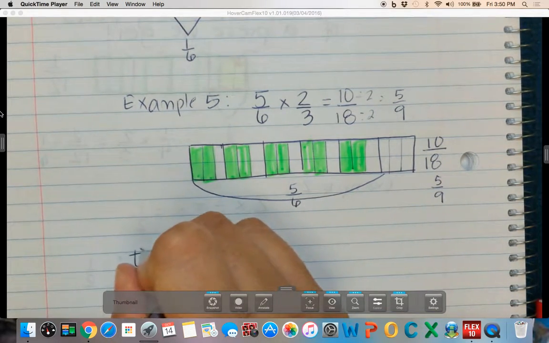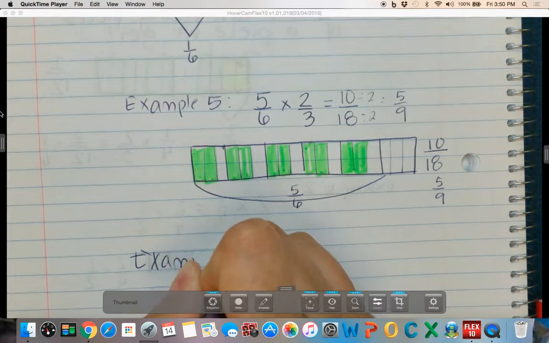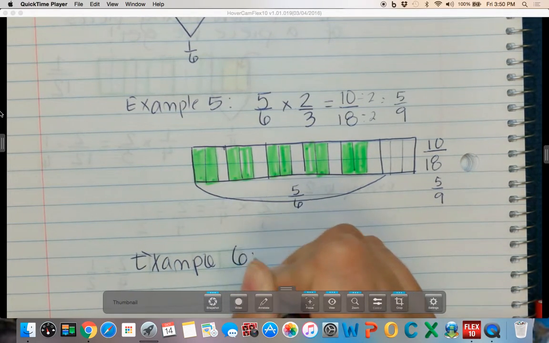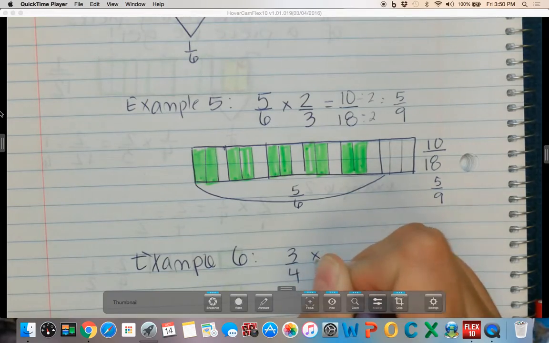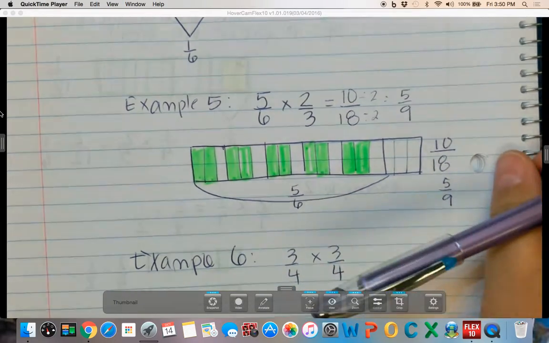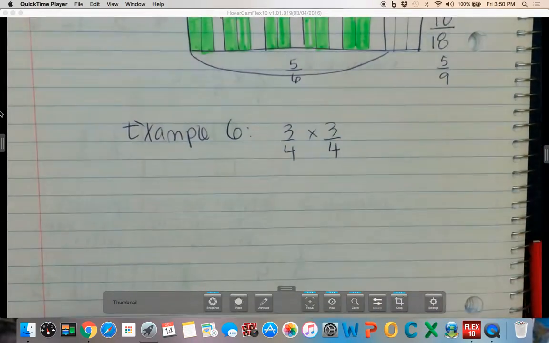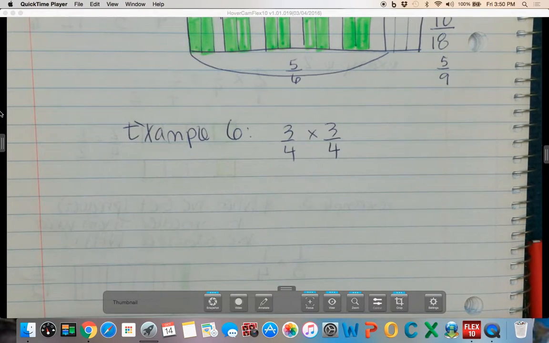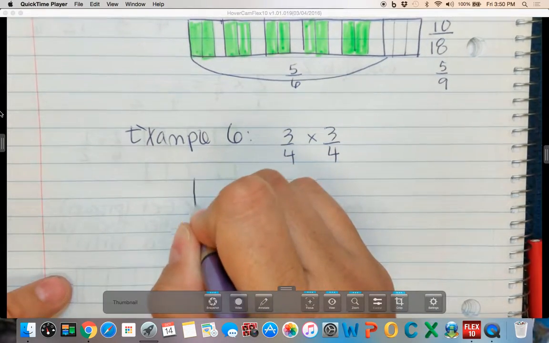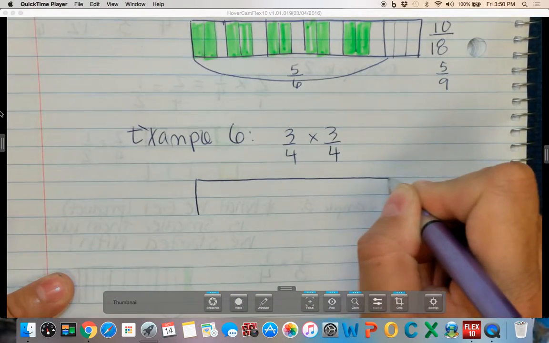Example 6. 3/4 times 3/4. I'm going to start with my 1.